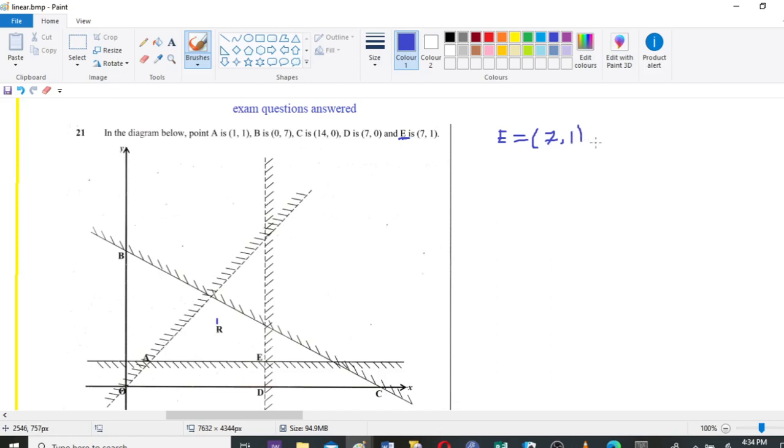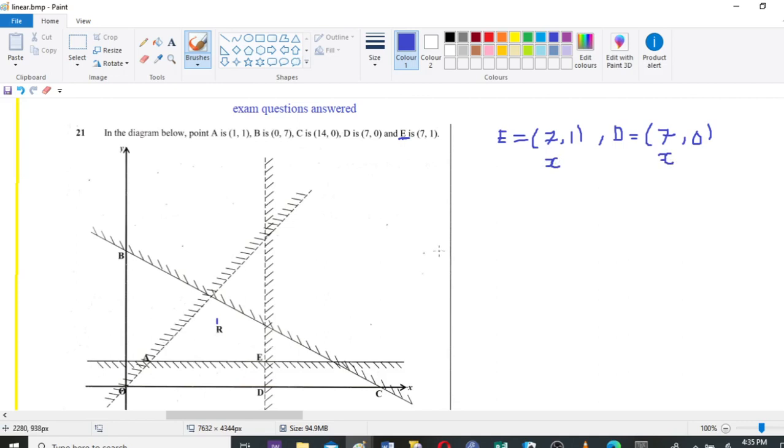The other point that you can use is D. Compare with D. The x coordinate and y coordinate for D is 7 comma 0. So at E the x value is 7, and at D the x value is 7 as well.